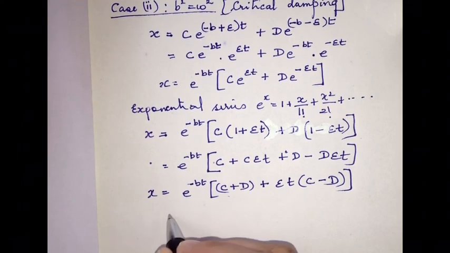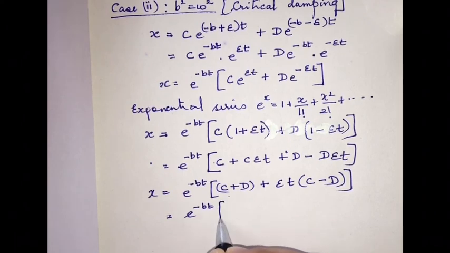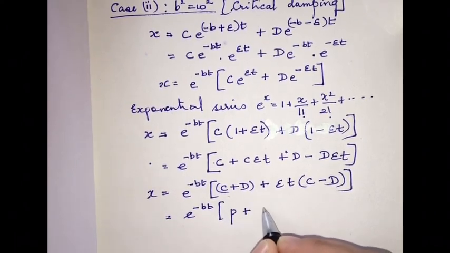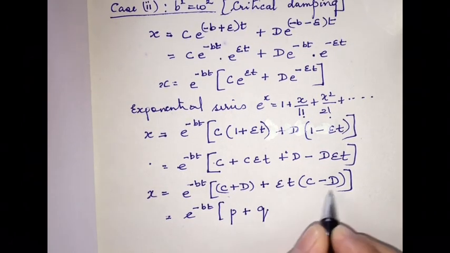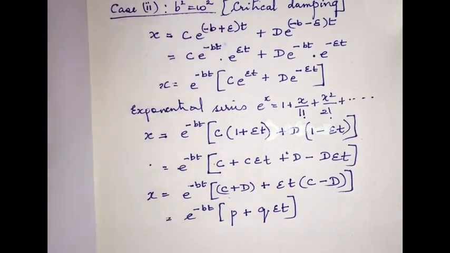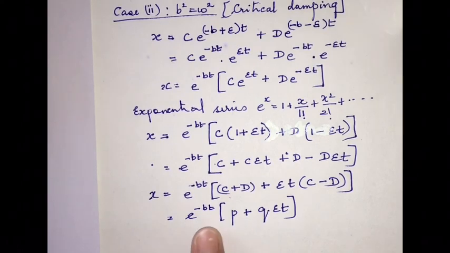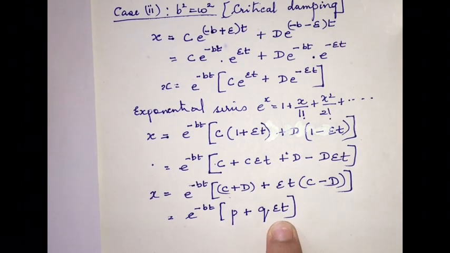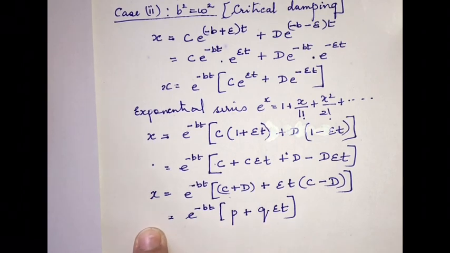If you consider this term, for explanation's sake, let me write this as e power minus bt some p plus c minus d as some q epsilon t. Then as t is present in both this expression and this expression, both contribute to the variation of x, but t is the exponent part over here.